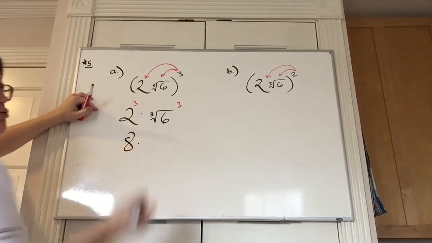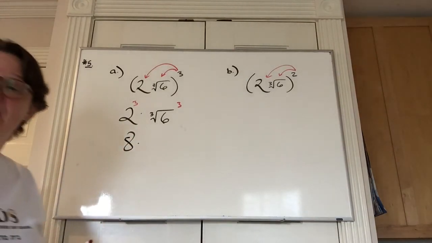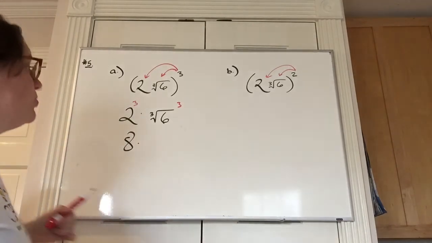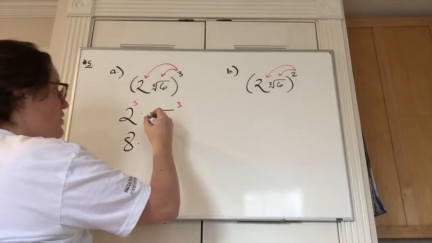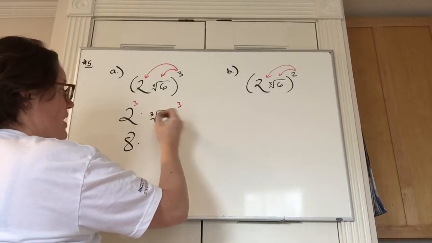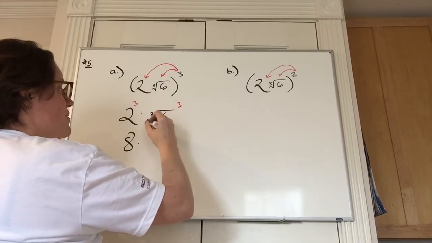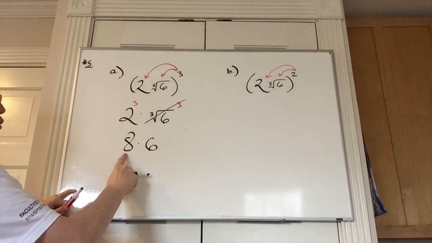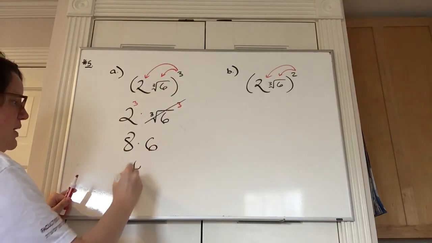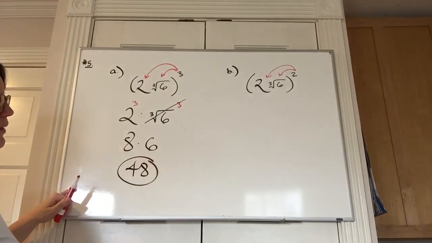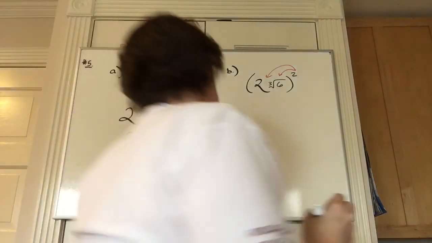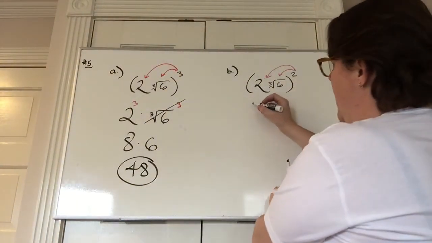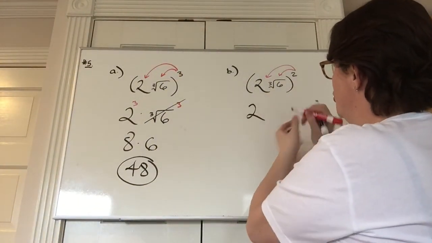And then here's the deal. This is really nice. Just like squares and square roots are opposites, so they always cancel, cubes and cube roots are opposites, so they cancel. So if I have the cube root of something cubed, that just cancels to become 6. This problem becomes regular 8 times regular 6. It just becomes 48.